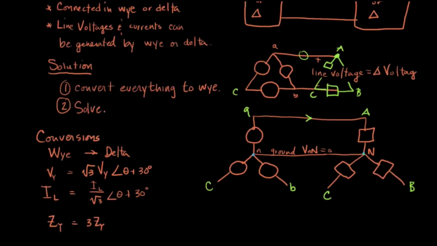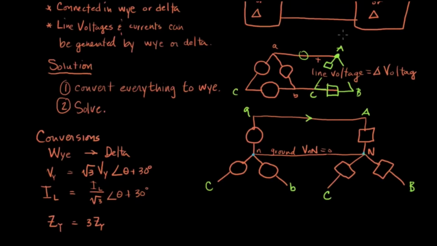We have some nomenclature that we use, and that is important to keep in mind, especially when you're parsing through a question and trying to understand what you're being asked. Typically, the source is labeled with lowercase letters at the extremities, and if it's a Y, there'll be a lowercase n in the center.